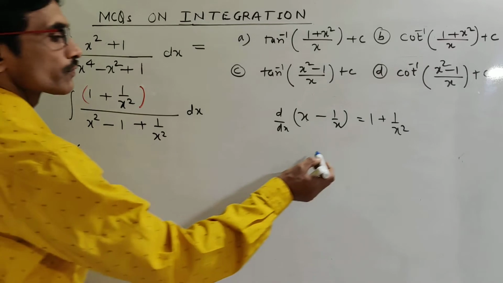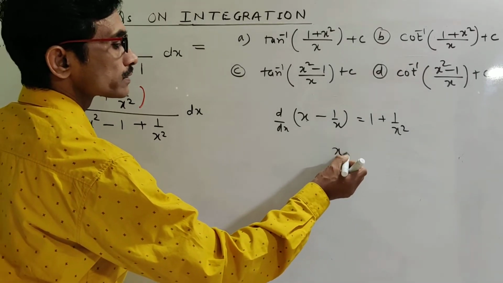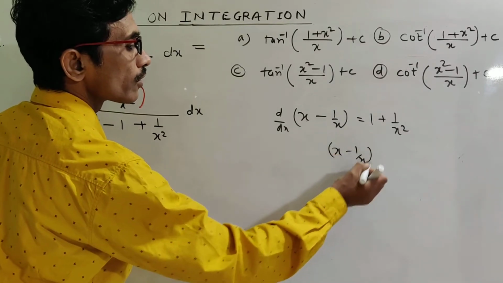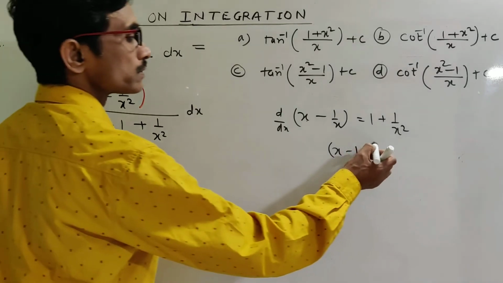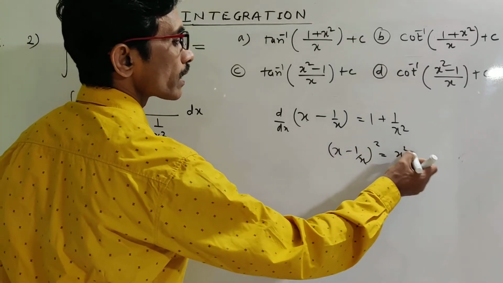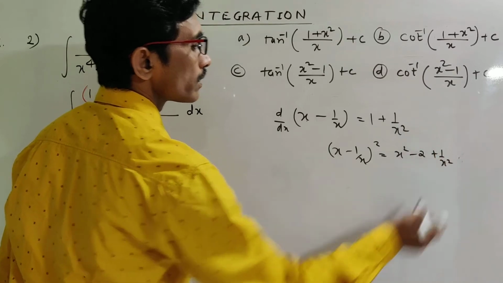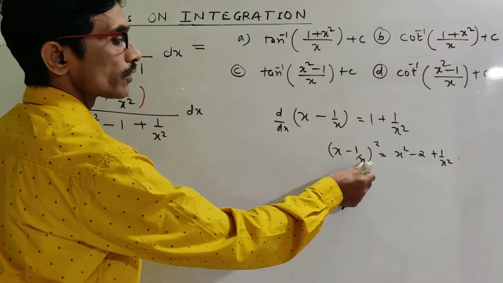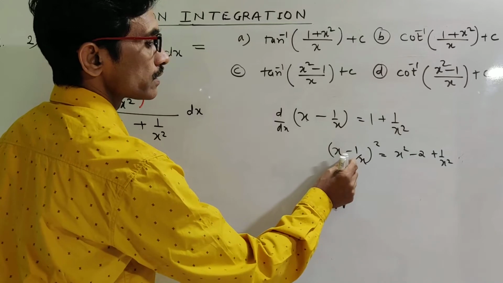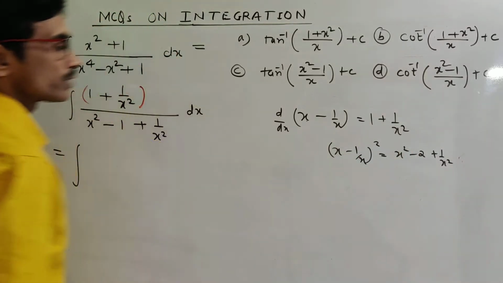And we know the square of x minus 1 upon x. What will be the square of x minus 1 upon x? Its square will be x square, the middle term will be minus 2, and plus 1 upon x square. X into 1 upon x will get cancelled and the middle term will be minus 2 only.